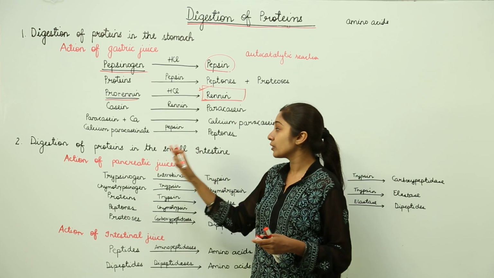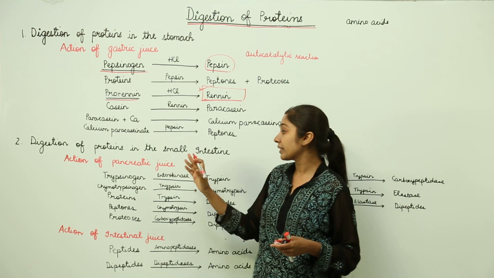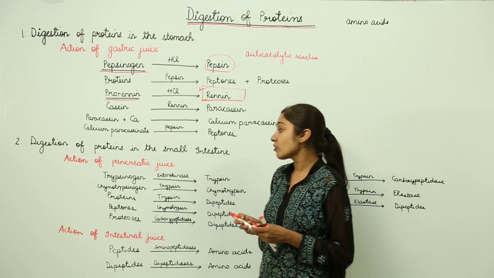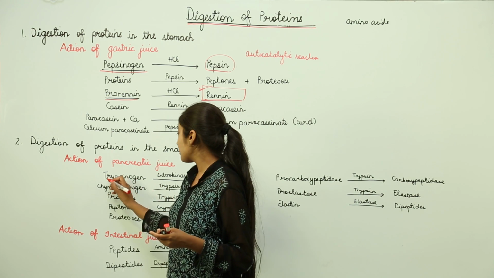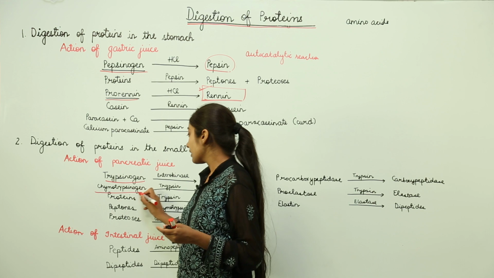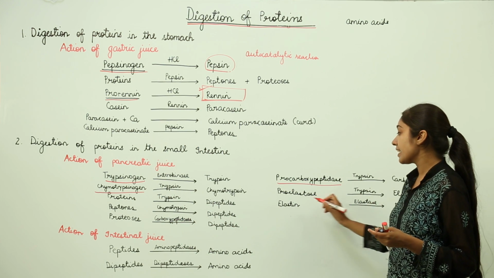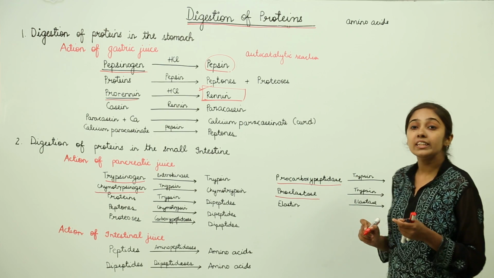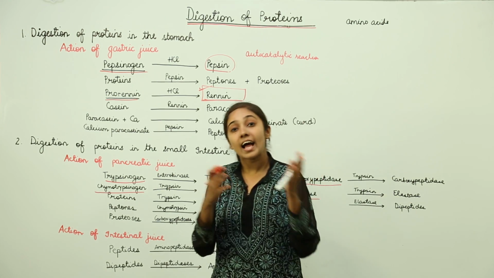Next, digestion of proteins in the small intestine. Let us discuss first the action of the pancreatic juice. Now, in the pancreatic juice, we have trypsinogen, chymotrypsinogen, procarboxypeptidase and proelastase. These are the proenzymes which need to be converted into their active forms.